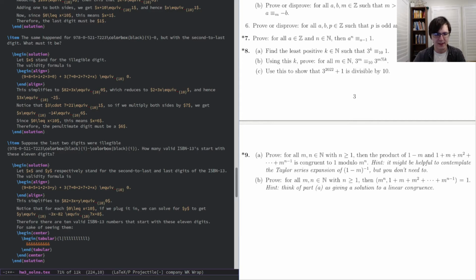So the first thing, I'm going to have x, and I'm going to have y. And we can solve for y, so I guess I'm going to make x be the dependent variable, y independent.